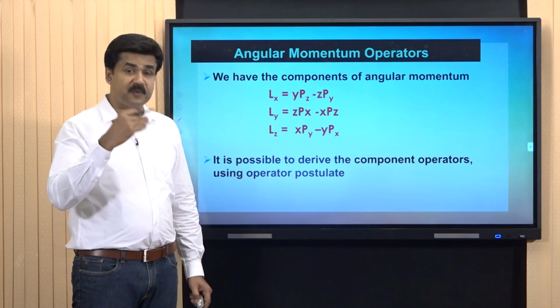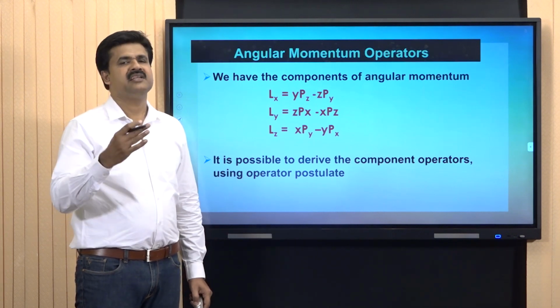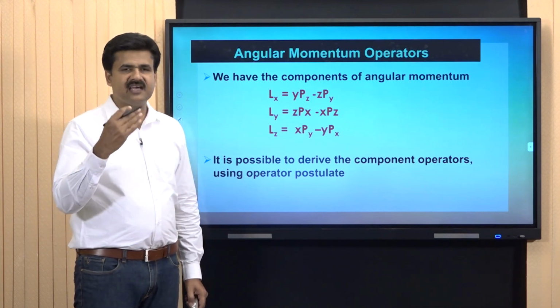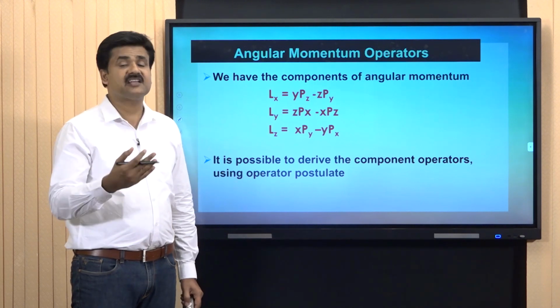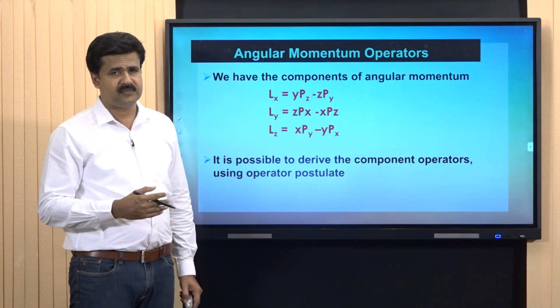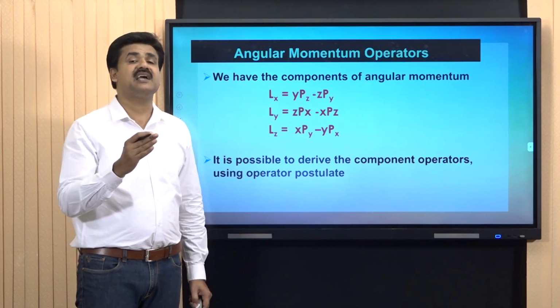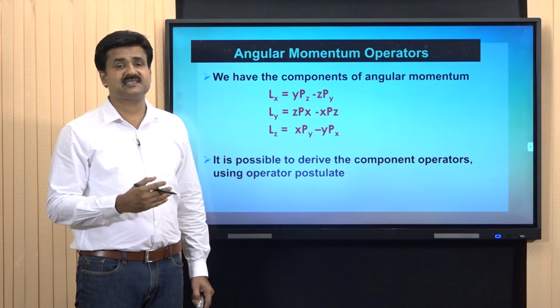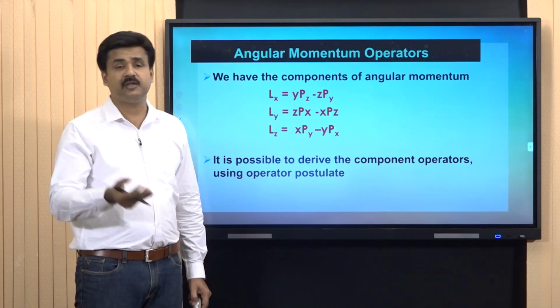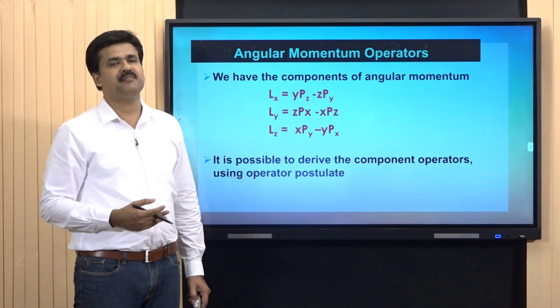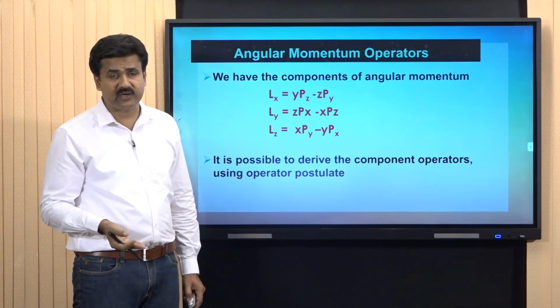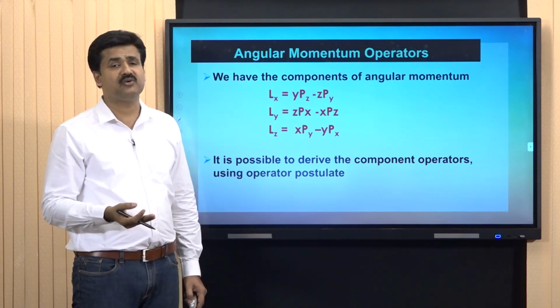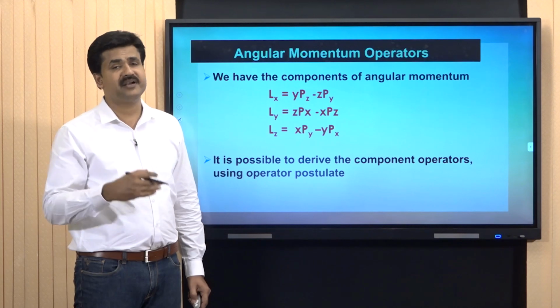As per the operator postulate, we can create an operator corresponding to an observable. First of all, we have to write the classical mechanical equation, then replace the terms px, py and pz respectively by minus i h cross dou by dou x, minus i h cross dou by dou y and minus i h cross dou by dou z.